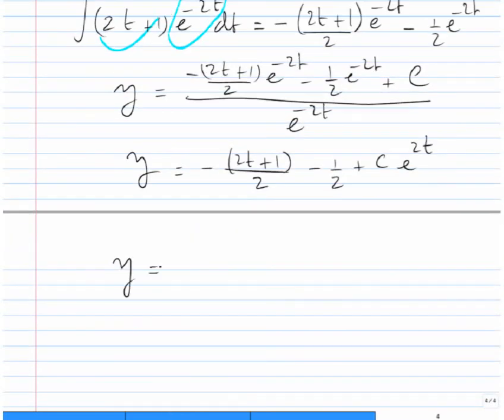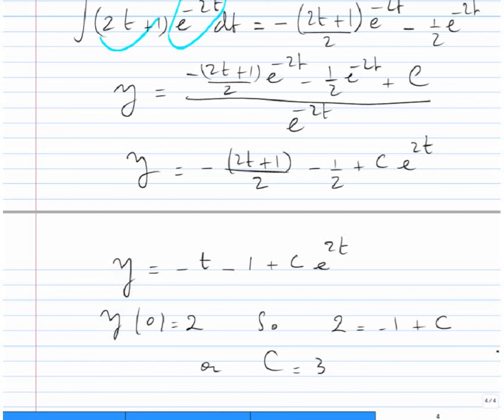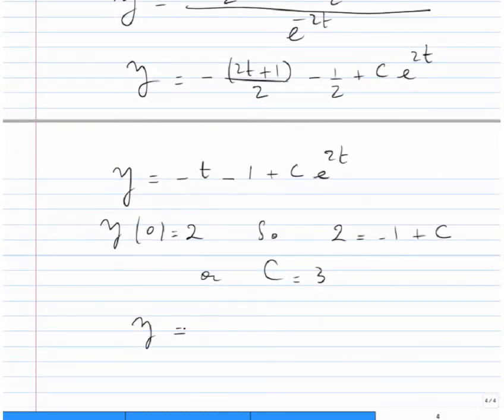And clearly this will force a little bit more algebra. That's minus t minus 1 plus c e^(2t). The initial condition was y(0) equals 2, so we get 2 equals minus 1 plus c, or c equals 3, which implies y equals 3e^(2t) minus t minus 1.